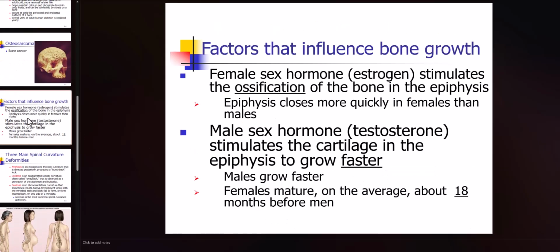I mentioned that our skeleton undergoes its formation in our teenage and puberty years and into the early adulthood years. It turns out that females actually go through this process earlier in life, in that the estrogen surges that occur with menses and with puberty actually cause the epiphyseal plate to close.